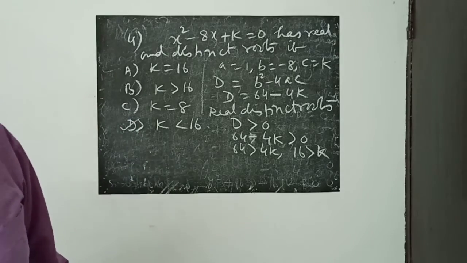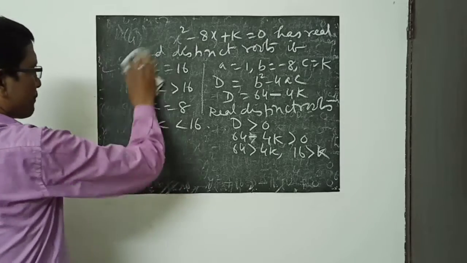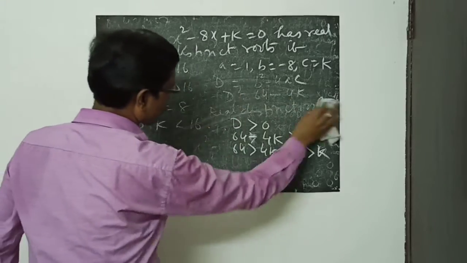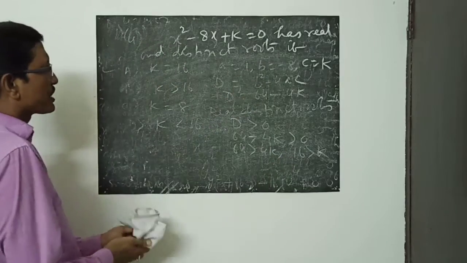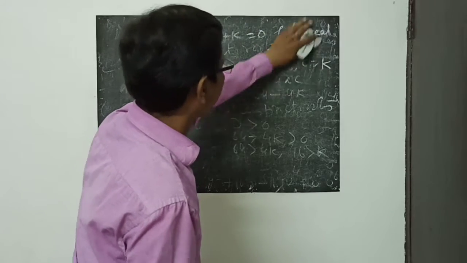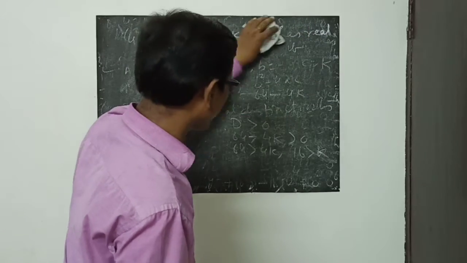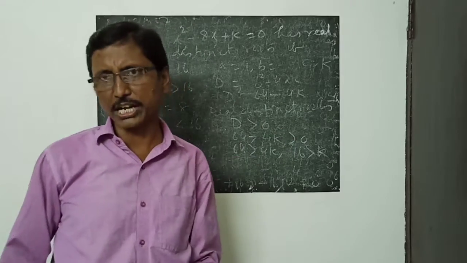So in this way, we can get this type of question. It is for 1 mark we are having. But from the nature of the roots, you may have to find out the value of k also. The same question can be given for 2 marks also. You find the value of k for which the roots will be real and distinct, or real and equal, like this also it can be.